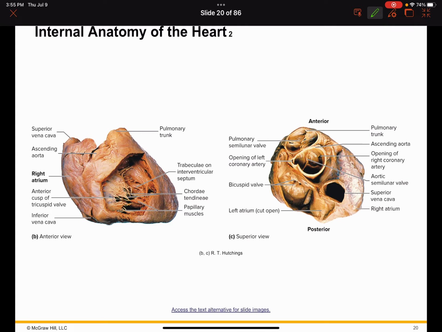Then semilunar valves, you can read about them. In a dissected heart you can see these valves, the ventricular septum, the chordae tendineae, and the papillary muscles attached to them. The chordae tendineae are like string-like structures attached to the papillary muscle. When the papillary muscles contract, they pull. These are the internal structures of the heart wall.